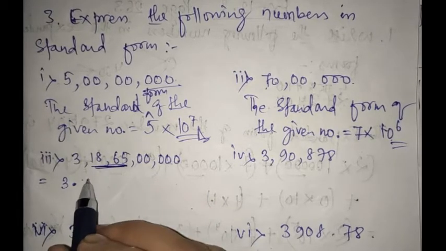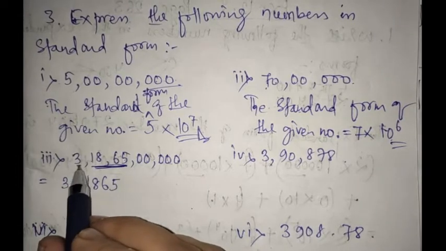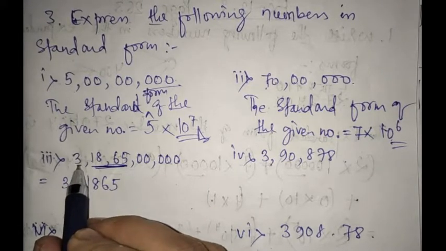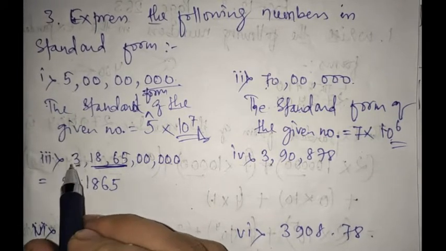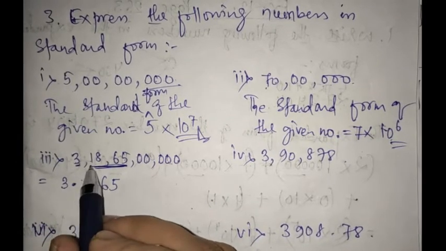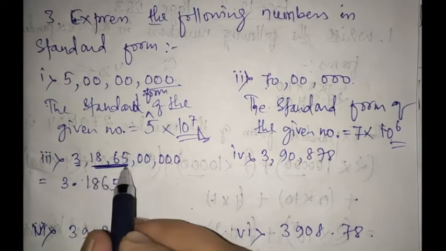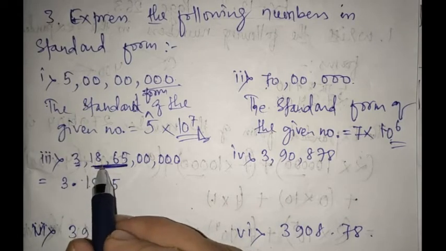You will write 1865 after the single digit. The single digit 3 is written first at the extreme left, then the decimal sign, then whatever the numbers are except 0. You will just count the natural number 1865.